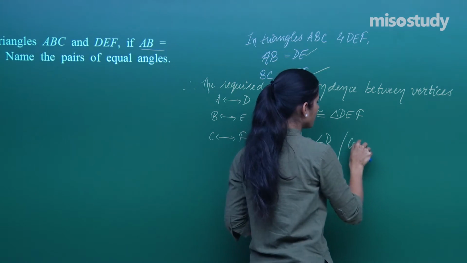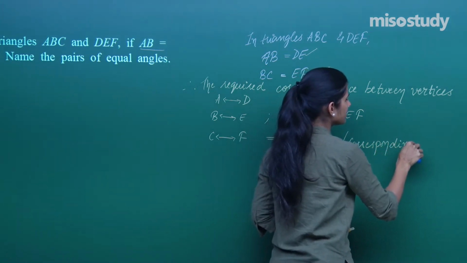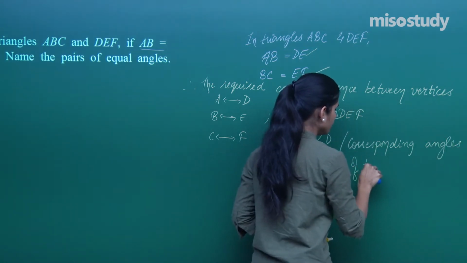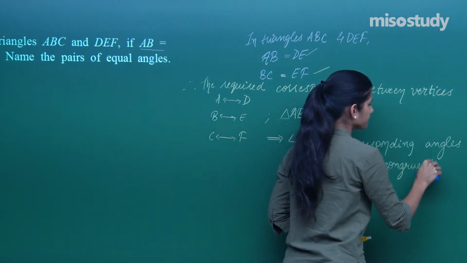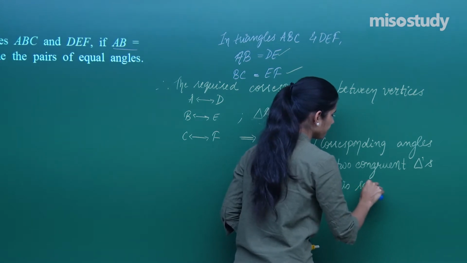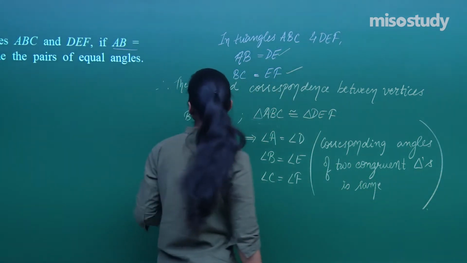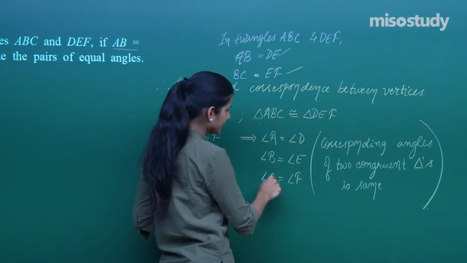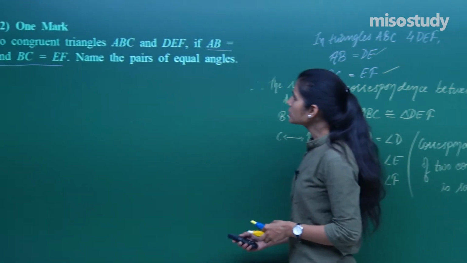Because corresponding angles of two congruent triangles are same. Okay? So name the pairs of equal angles. A will be equal to D, angle at B will be equal to angle at E and angle at C will be equal to angle at F. Let's look at the next question.